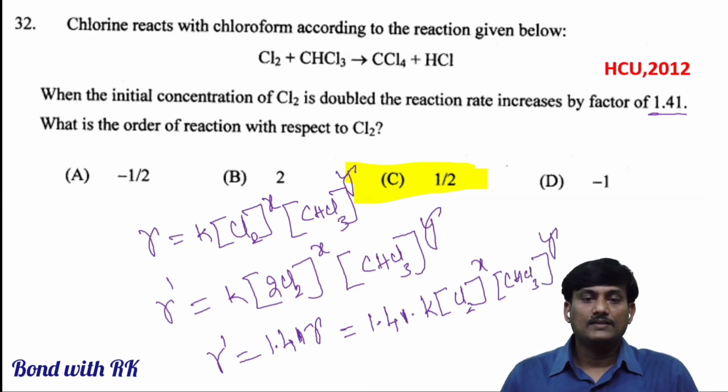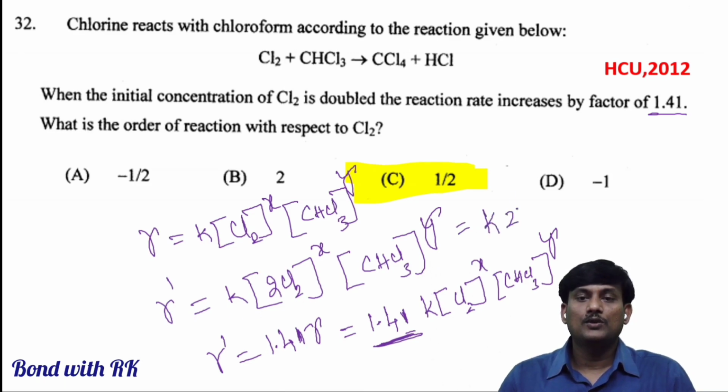Here, what is the x value? This equation can be written as k into 2 power of x [Cl2]^x and [CHCl3]^y.